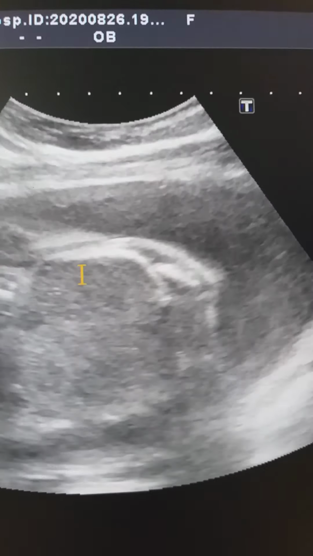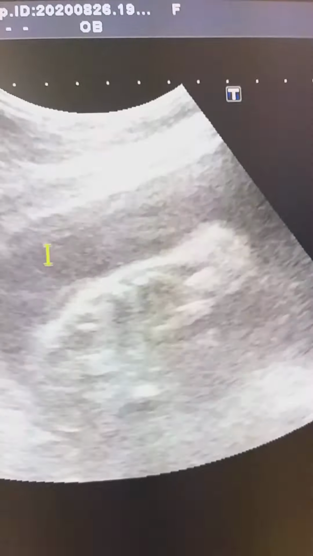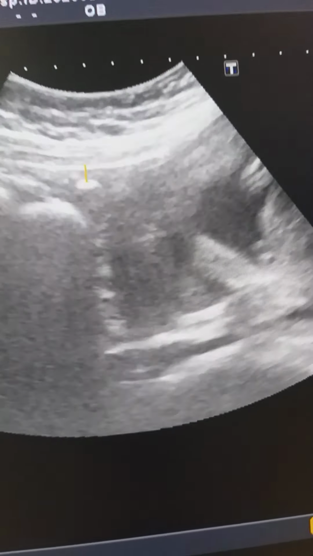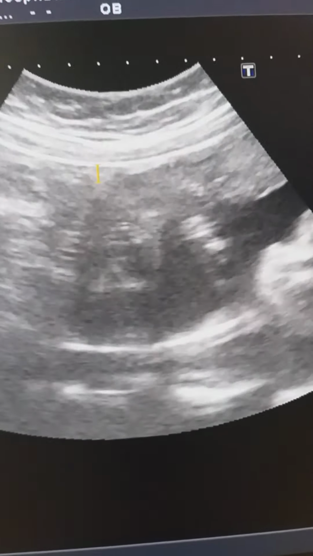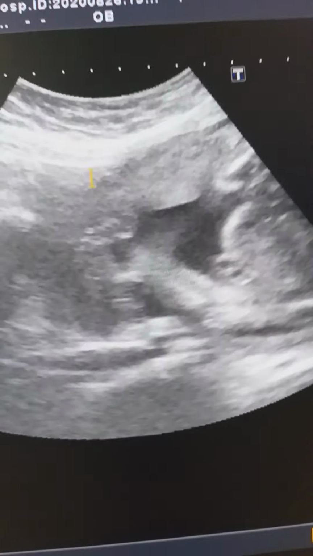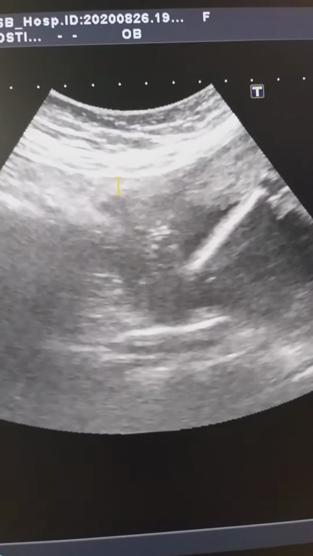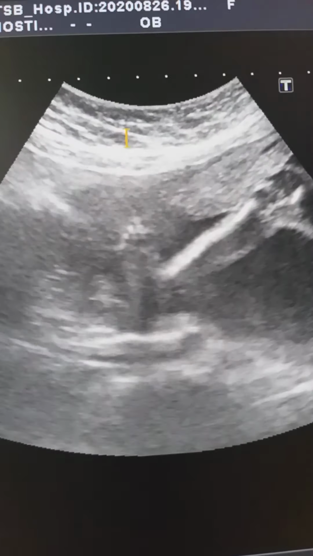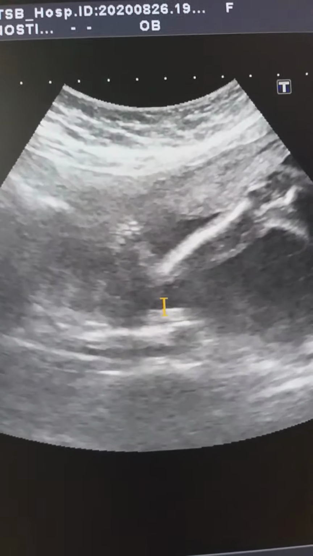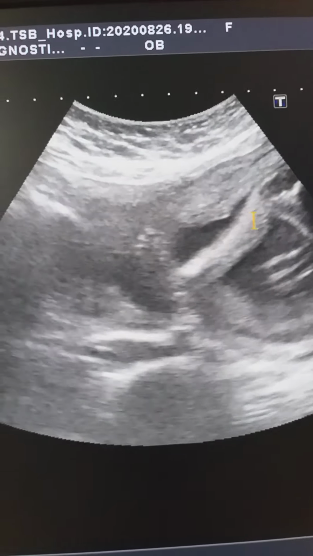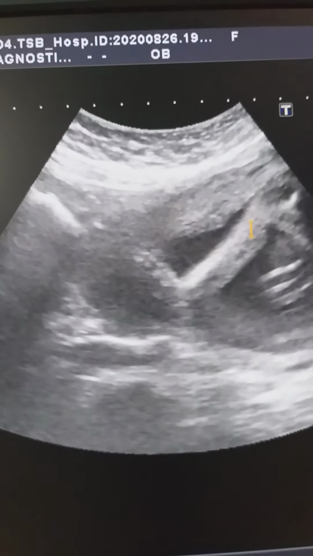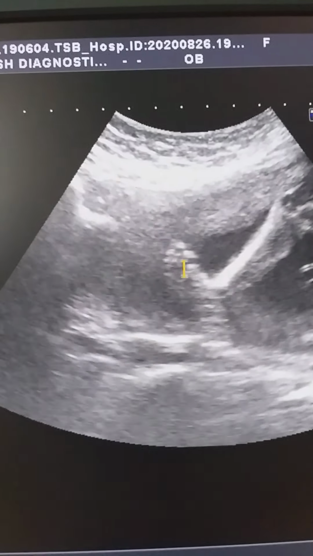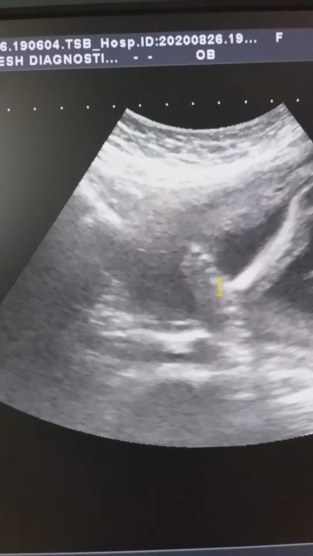And now we move to the lower limb. And here we can see this is the leg of the baby and this is the foot.